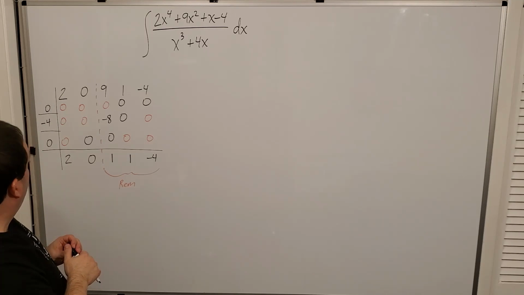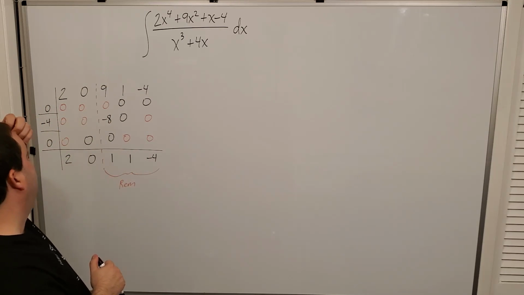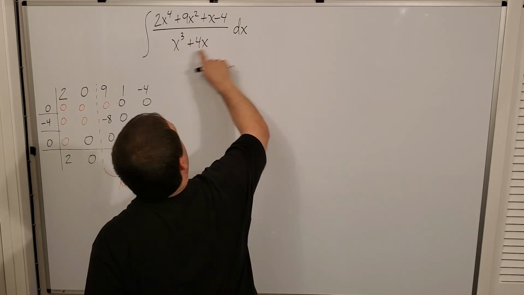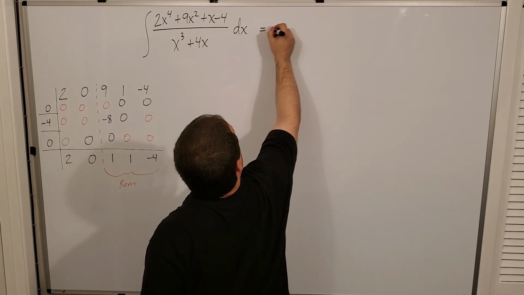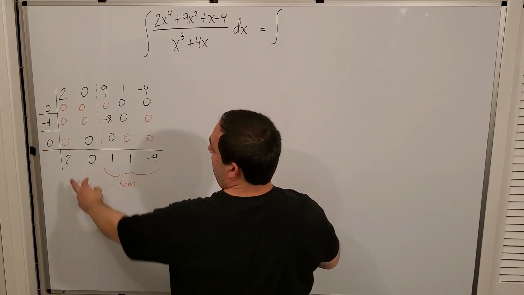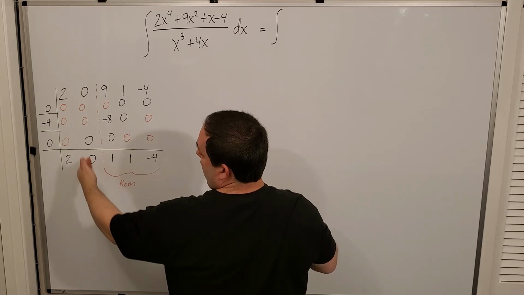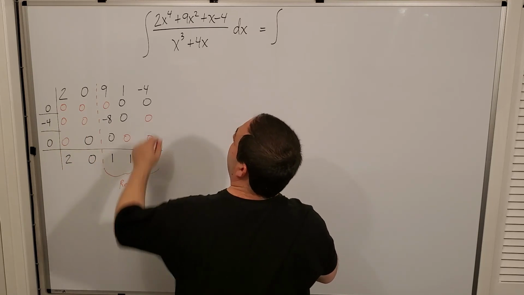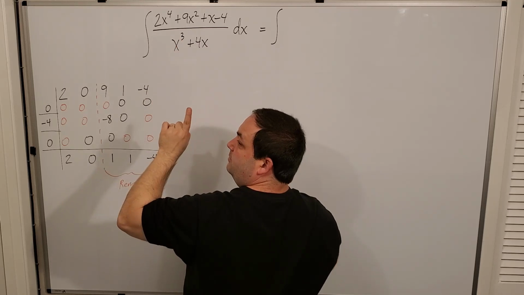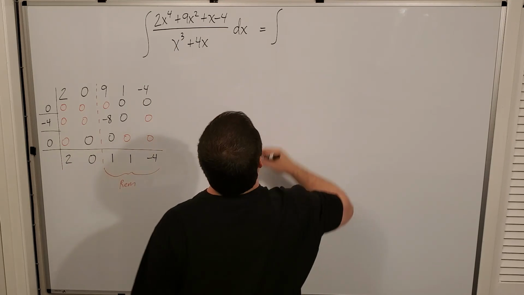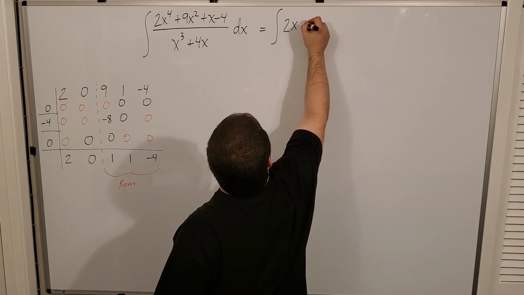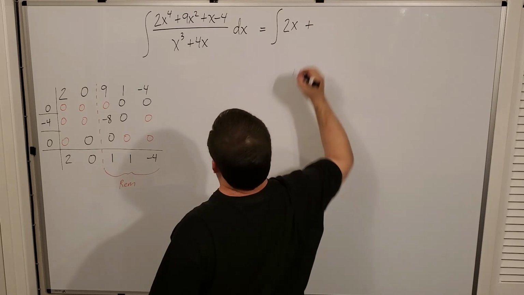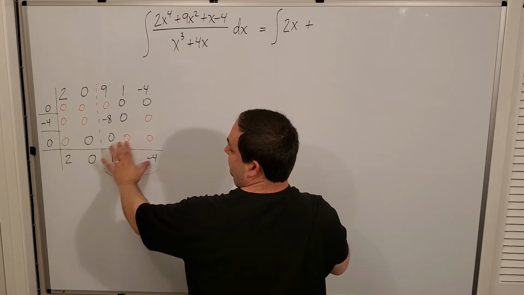Okay. So what does this division tell me? It tells me that this becomes the integral of the whole number 2, that's the numbers, then that's the x's. It should make sense because 4 minus 3 is 1, so I should have 2x to the 1. 2x plus, now the remainder portion.